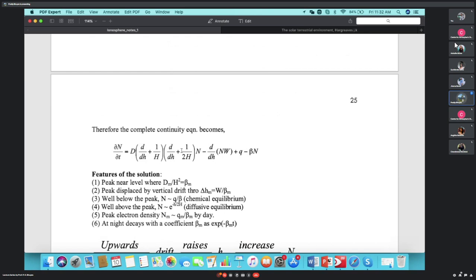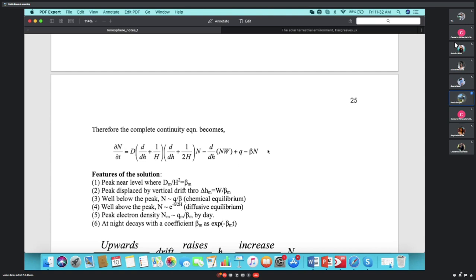This is your diffusion, because of the vertical drift, this nw is the vertical drift, and this is gravitation, and this is because of the diffusion coefficient varying exponentially with height.